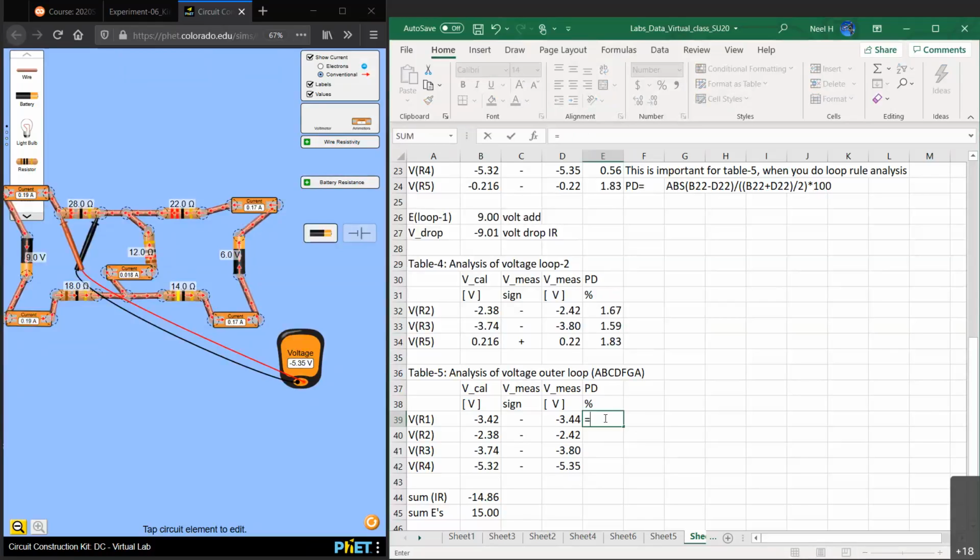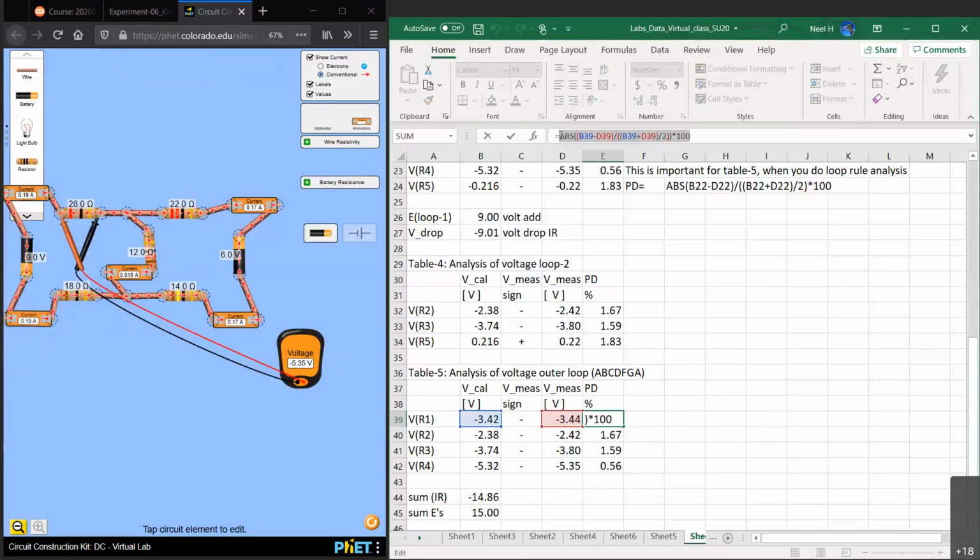Equal sign, ABS, two parentheses, difference between these two, divided by two parentheses, addition between these two, divided by 2, close parentheses, twice, multiply by 100. You will get the percentage difference. Click and drag, and it will automatically calculate for the rest.